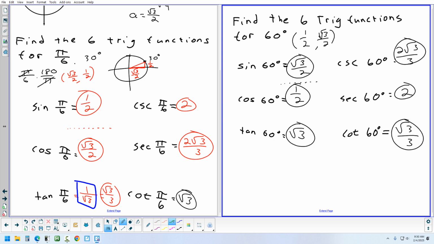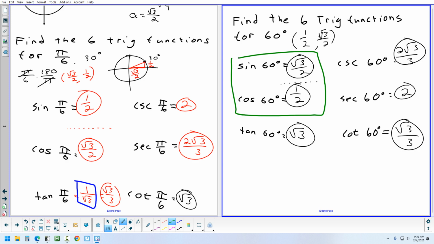Okay, so now I want to look at which answers switched places. Can somebody name a pair of trig functions where the answers switched places? The sine and the cosine. Right, the sine and the cosine switched. Over here, we had a root 3 over 2 and a 1/2.